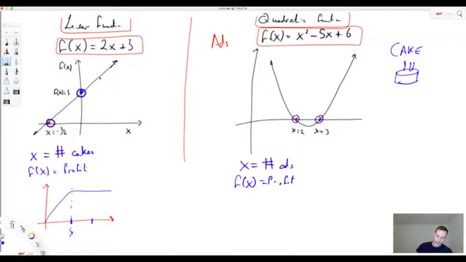They realize that if we don't do any ads at all, they have a point here on the axis: this is how much profit we can expect to make. Let's say they make some fixed number of cakes a day, and this is the profit they can make. But maybe they don't sell all the cakes, so they're looking to advertise to get more people to come in.